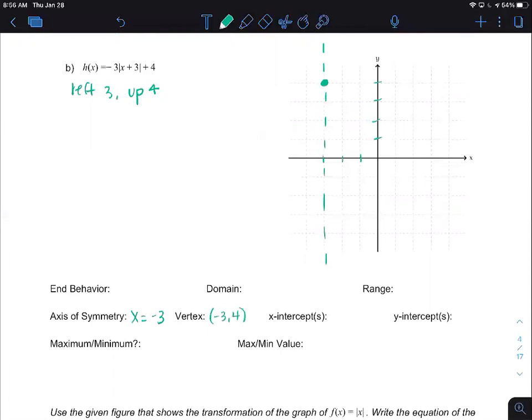Now let's look at our value for a. A equals -3. So remember that is our slope for absolute value graphs. So we're going to go down 3 to the right 1. And I'm going to keep doing that until I go through my x-axis and my y-axis. And then we're going to repeat the same thing on the left.